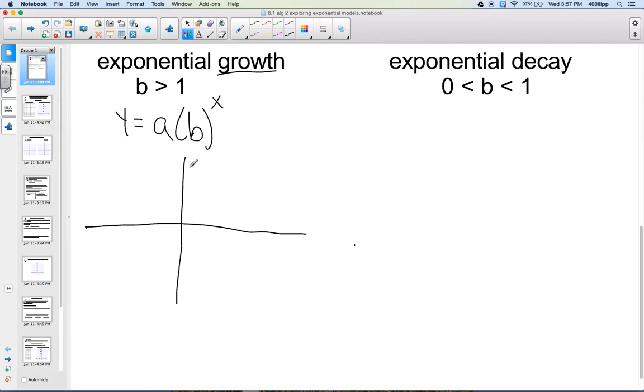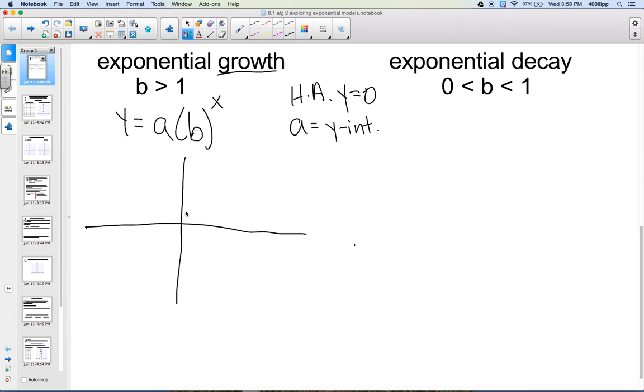So if it's in this form, we're going to have a couple of things here. We're going to have a horizontal asymptote, which will be at y equals 0. The value of a is always going to be your y-intercept. And then we'll be able to look at the value of b, knowing if it's growth or decay.